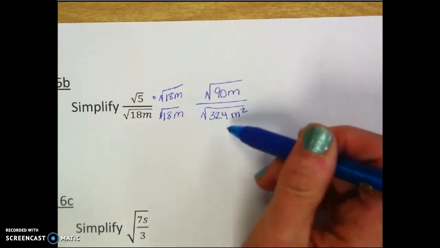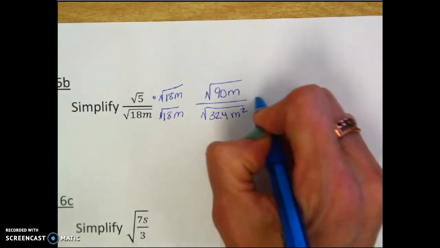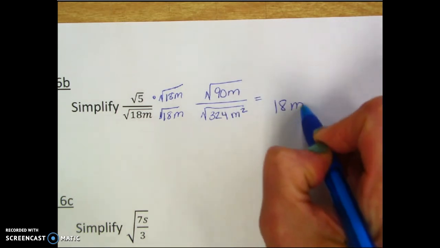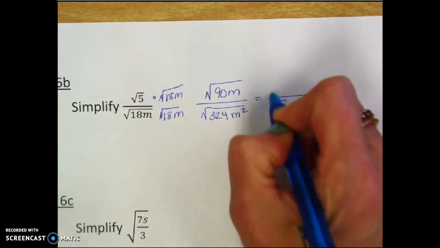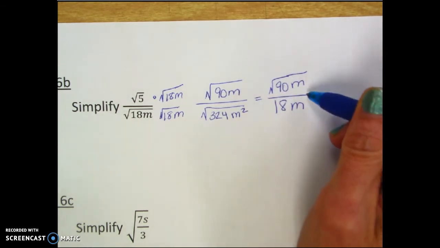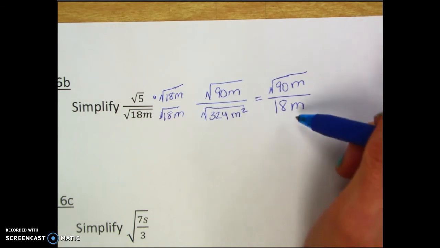But if we take the square root of 324, we actually just get 18. And if we take the square root of m squared, we just get an m. So we have the square root of 90m, the m's inside still, over 18m.